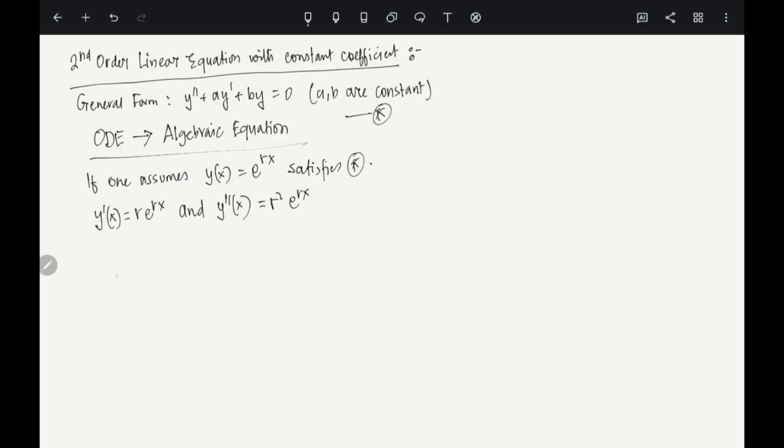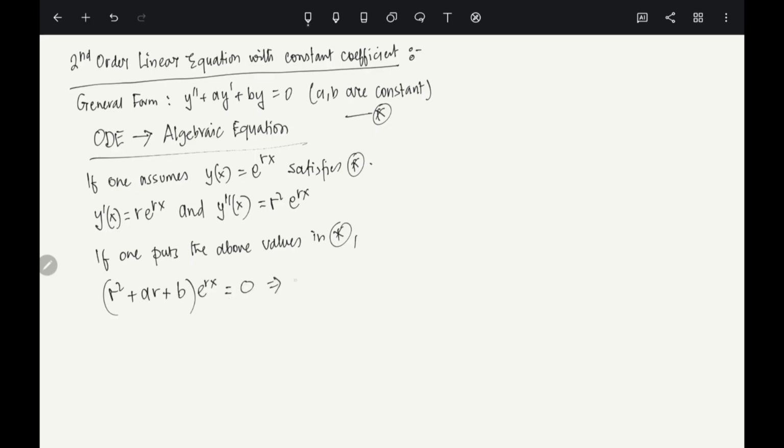Now if one puts the above values in star, what do we get? We get r square plus a r plus b, times e power r x, which is equal to 0.